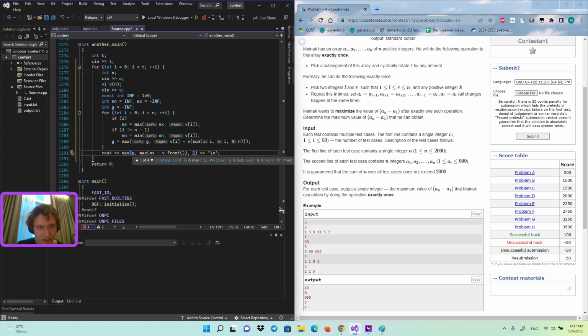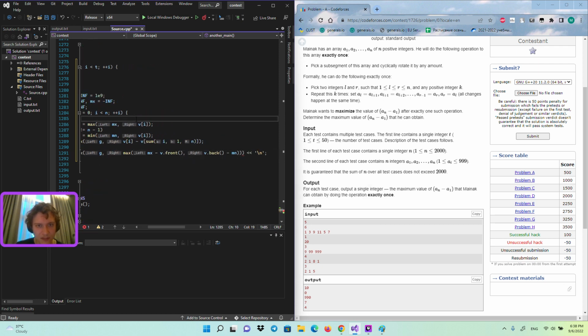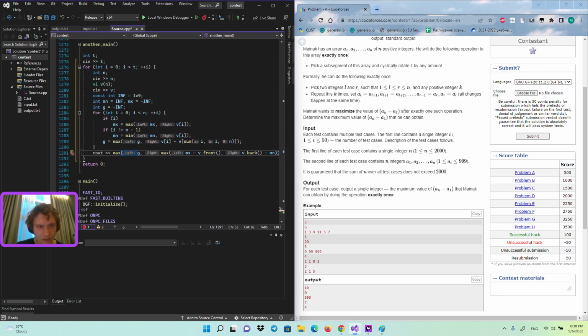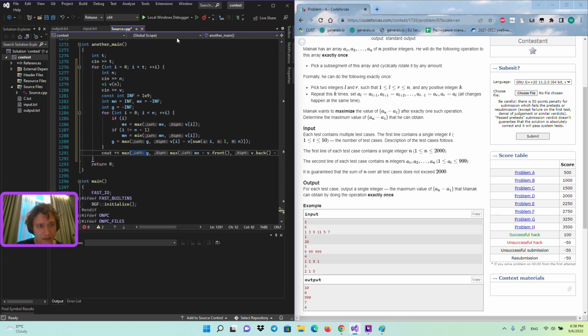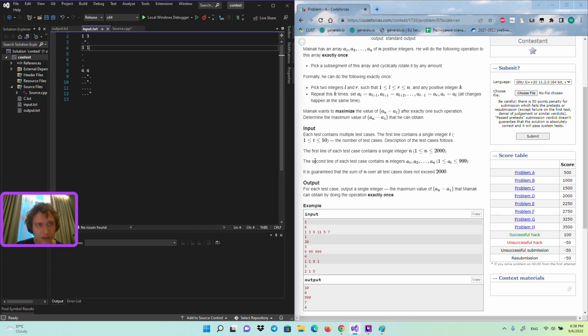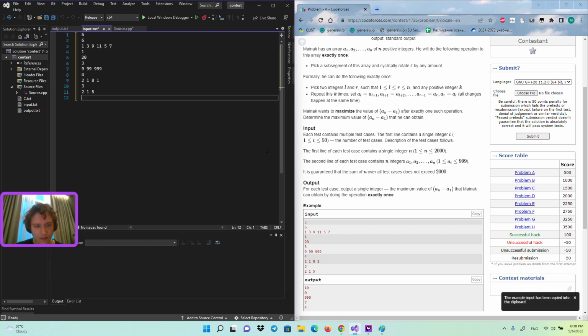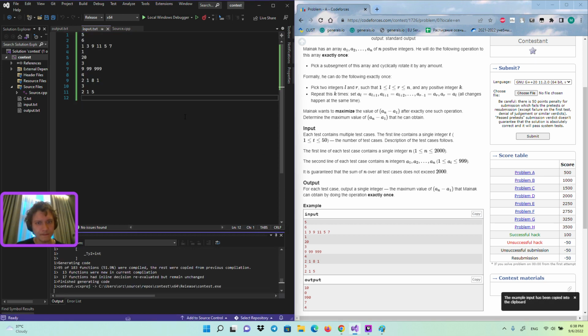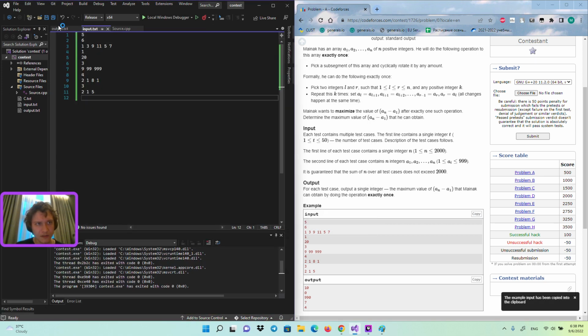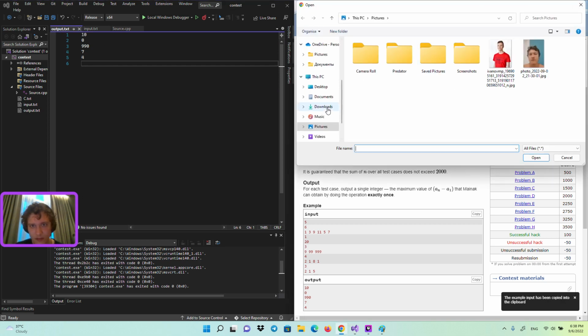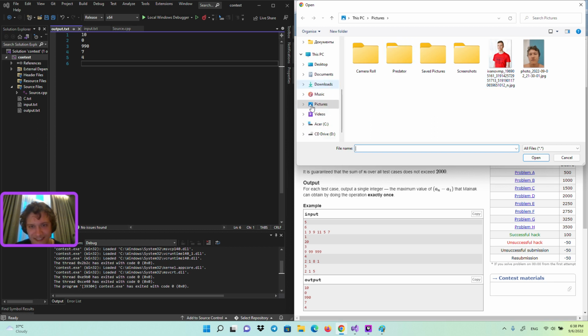No, not minimum. Here we have to write v.back minus mn. So this is it. Yeah, I think yes. Okay, let's run it. So 10, 0. Okay, it's good. Oh, it's my photos. Yeah, this is my photos.